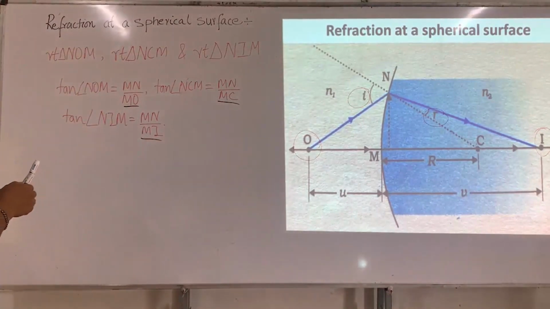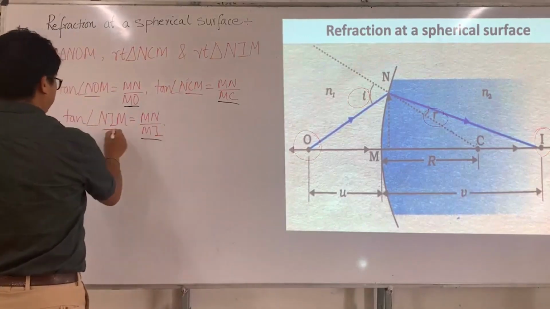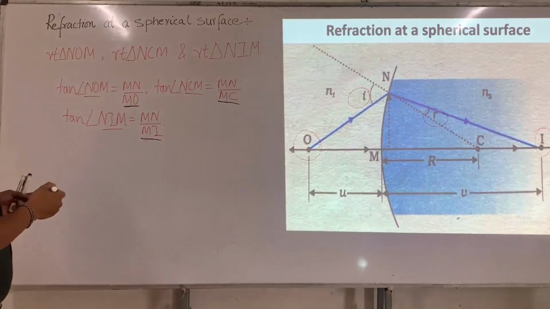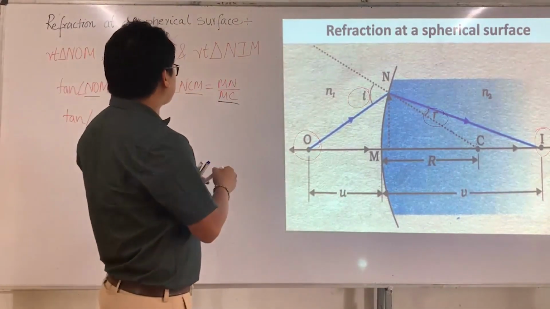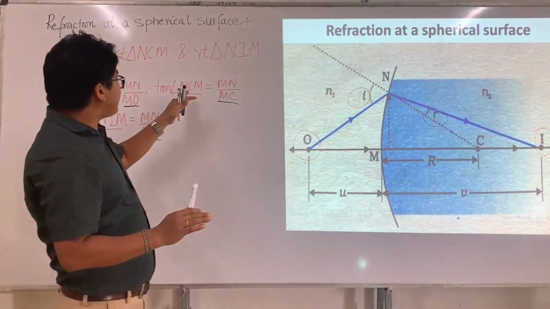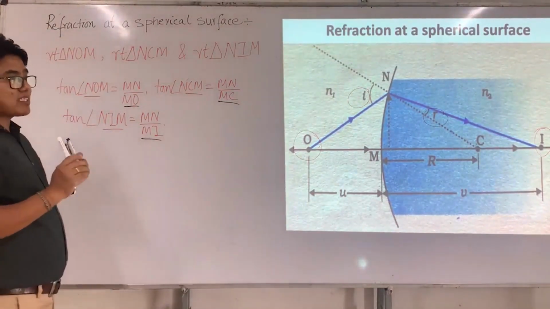Again, I just say this is this angle. Since it is a 10, angles are very small, right? MOM is a very small angle, and NCM is again a very small angle, NIM is again a very small angle.